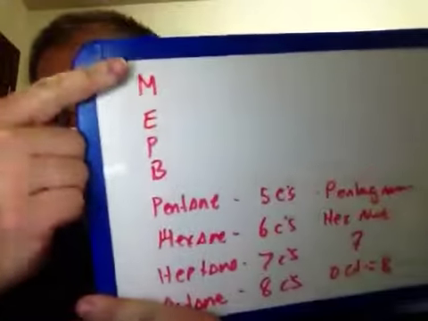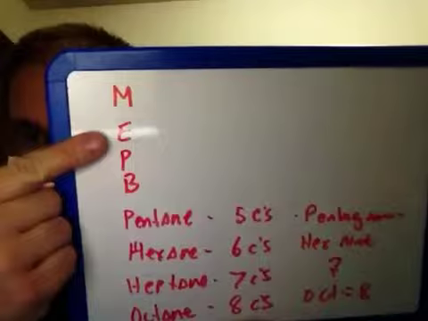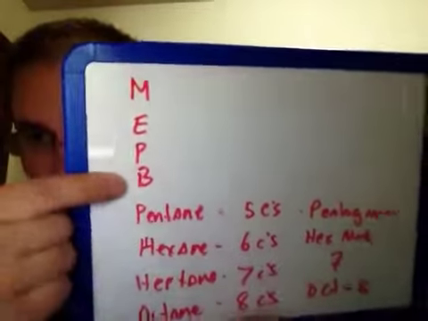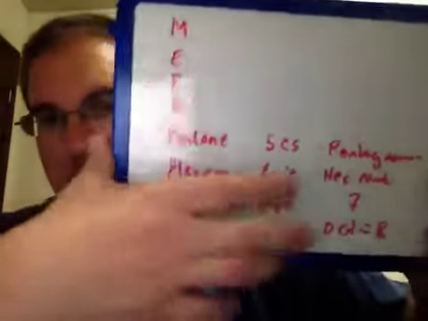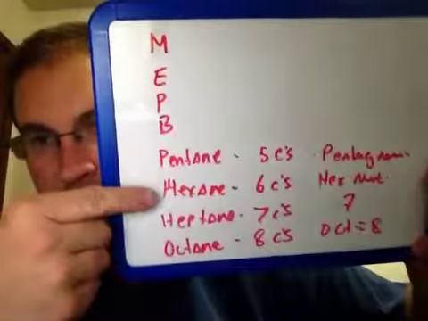Okay, so for the first 4, I just memorize monkeys eat peeled bananas. That's methane, ethane, propane, butane: 1 carbon, 2 carbon, 3 carbon, 4 carbon. And then the next, I think of pentane: pentagram, 5 sides, 5 carbons. The next is hexane.